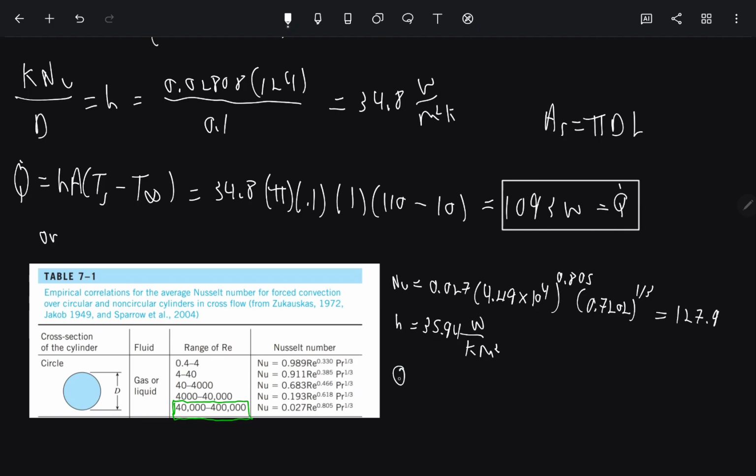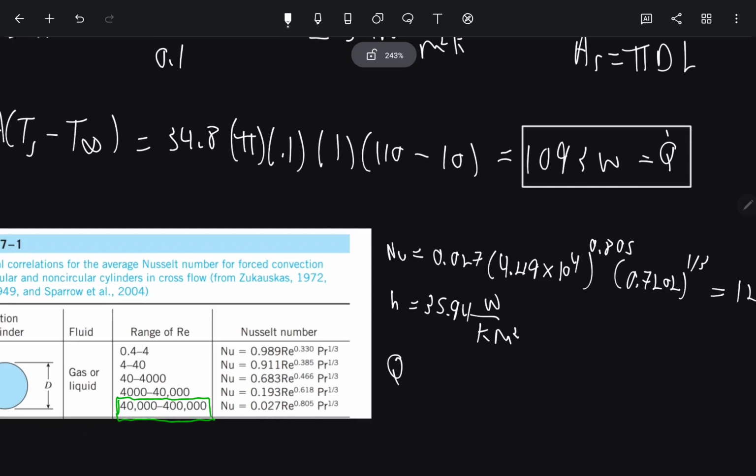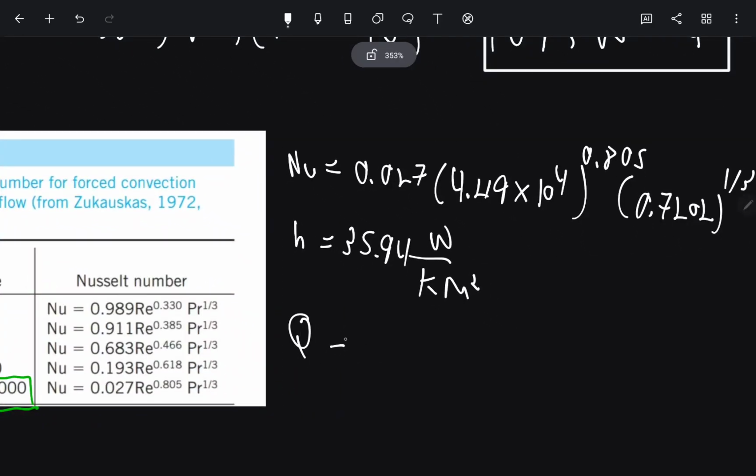And now Q, the area is the same, and the temperature difference is the same. The only thing that's different is h. So we now use this h for Q. We type all this into our calculator.